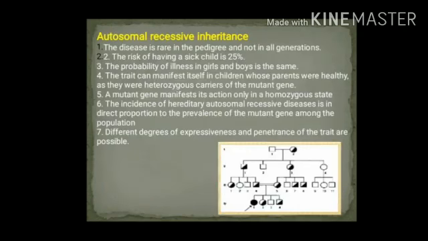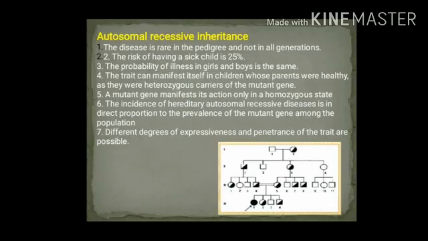What characteristics do we know about autosomal recessive inheritance? The disease is rare in the pedigree and not in all generations. The risk of having a sick child is only 25%. The probability of illness in girls and boys is the same.